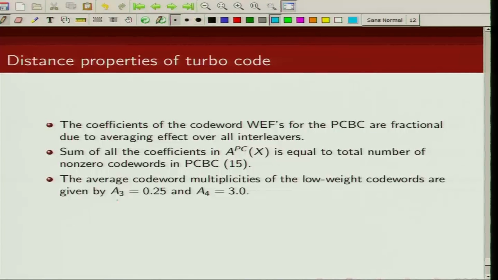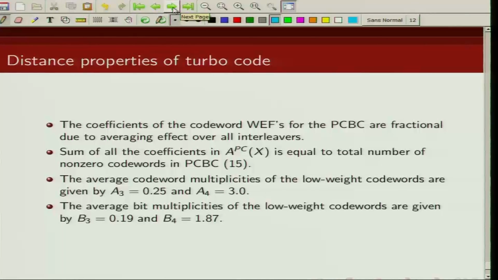You can also see that the average code word multiplicity has reduced. It is 0.25 for input weight 3, and it is 3 for input weight 4. Similarly, bit multiplicity for input weight 3 is 0.19 and it is 1.87 for input weight 4.